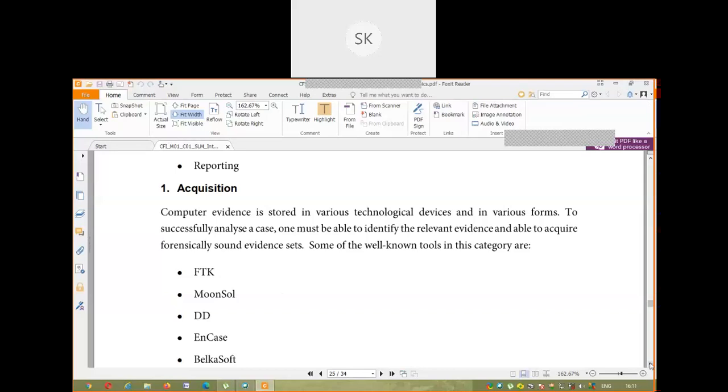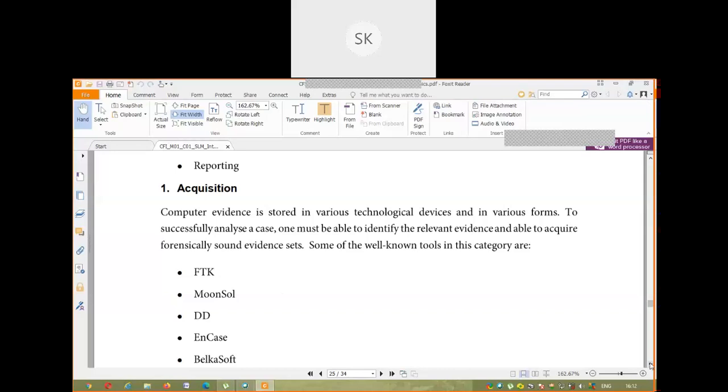Okay, in the last class we discussed where we get the evidence. So it may be anything and it may be in various forms. Sometimes it may be in encrypted form or sometimes compressed.